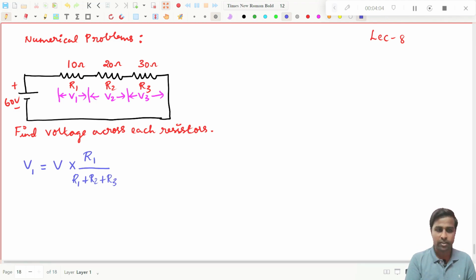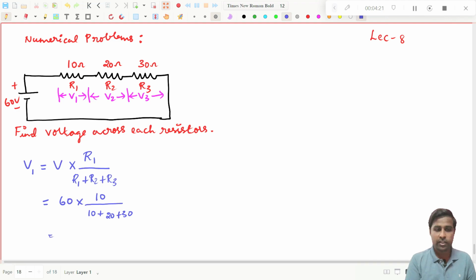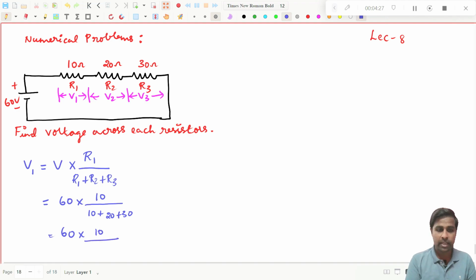So now you substitute here. What is V? We know that it is 60, multiplied by R1, which is 10, divided by the total resistance, 10 plus 20 plus 30, right? If we simplify further, we get 60 into 10 divided by 30 plus 30, which is 60.